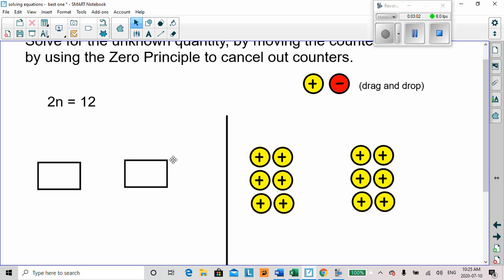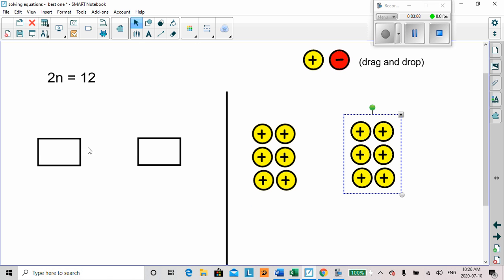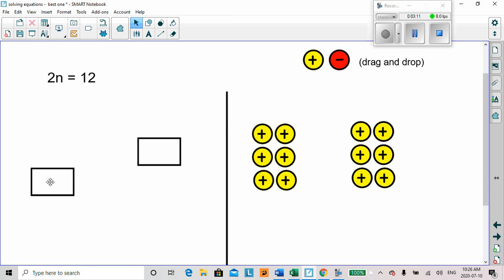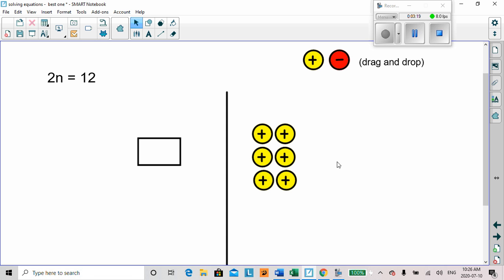So each one of these n's is equal to a pile. That says then that I can get rid of one of these guys and one of these because it's the same.